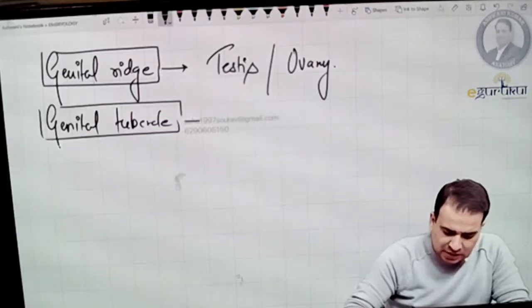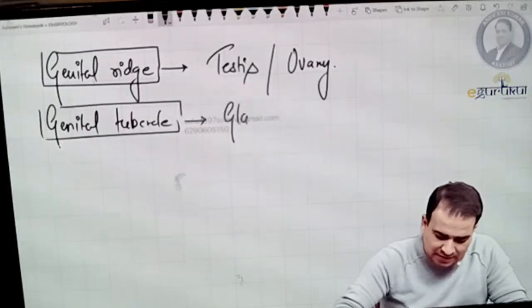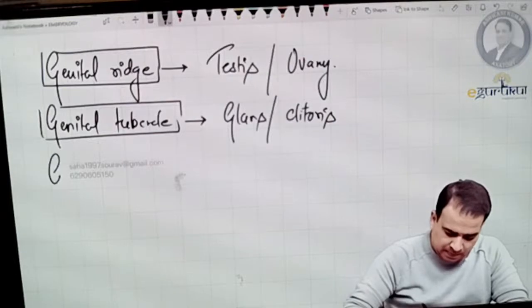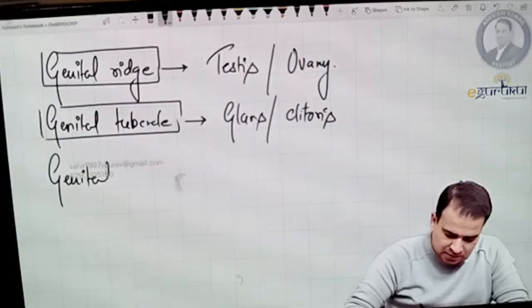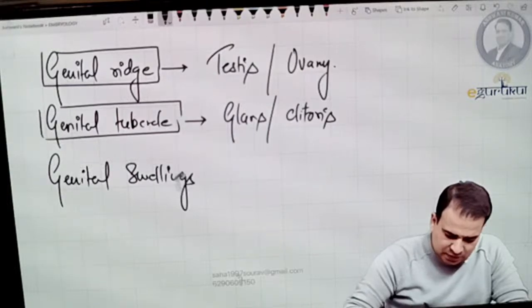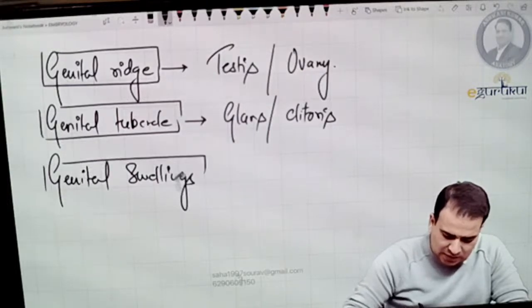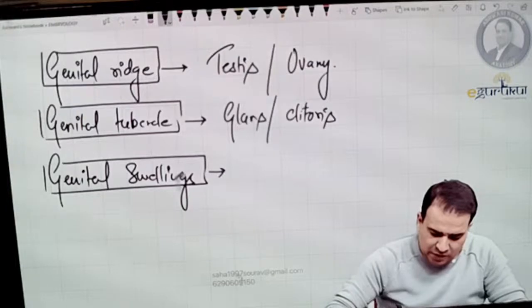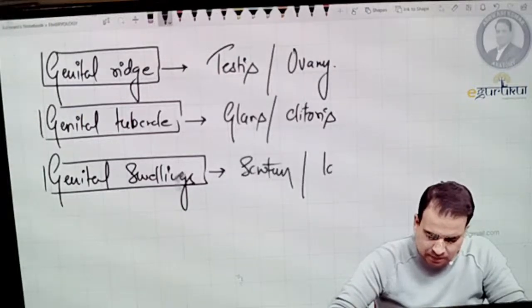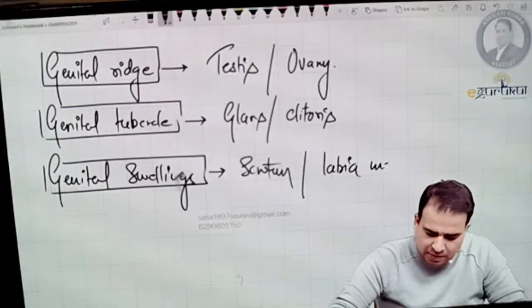Genital tubercles are the ones which will give rise to the glans or clitoris. Then there are the genital swellings. Genital swellings will give rise to the scrotum in male and labia majora in female.